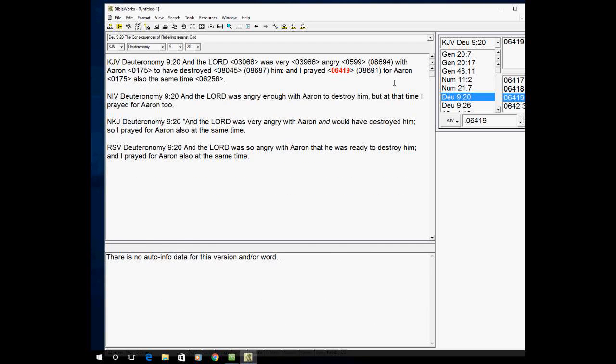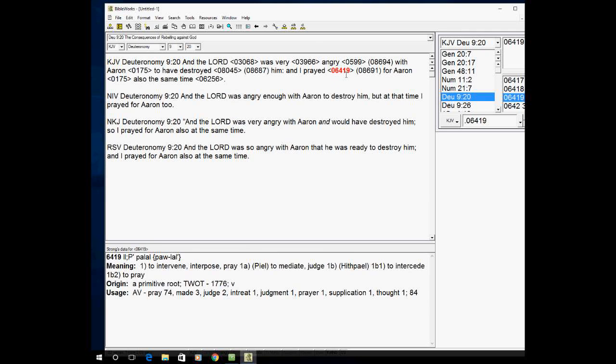Okay, let's go to Deuteronomy. Here Moses is praying for Aaron. The Eternal was angry enough with Aaron to destroy him, but at that time I prayed for Aaron too. The same Hebrew word.